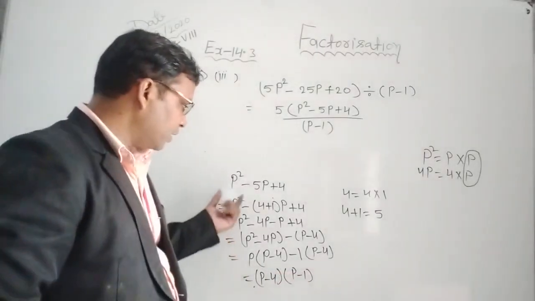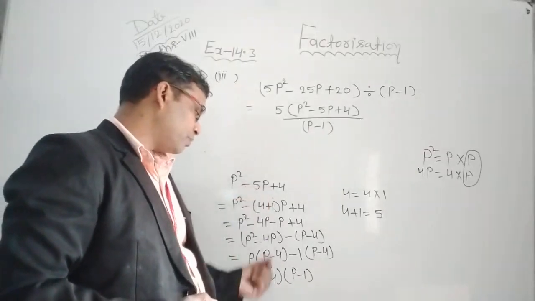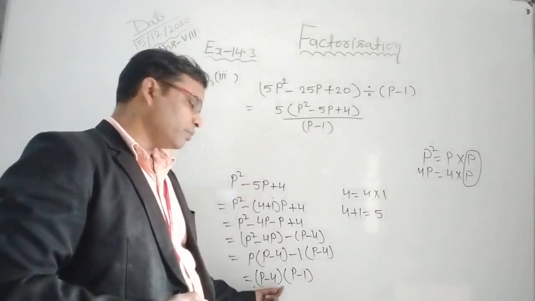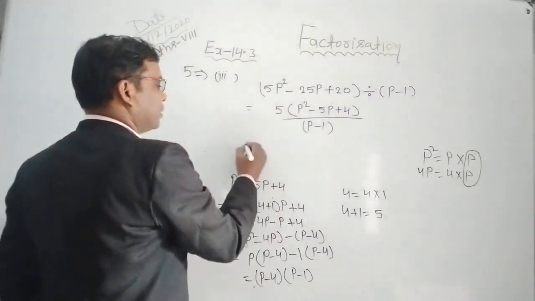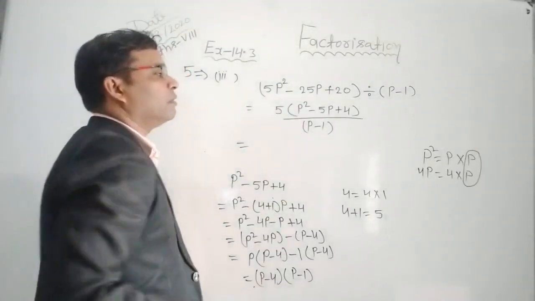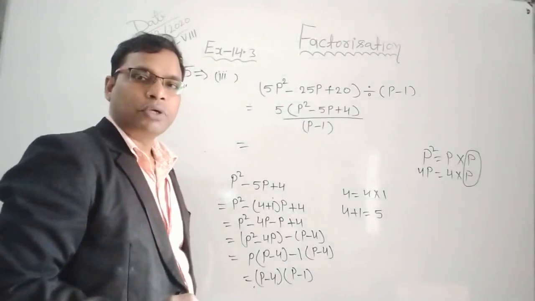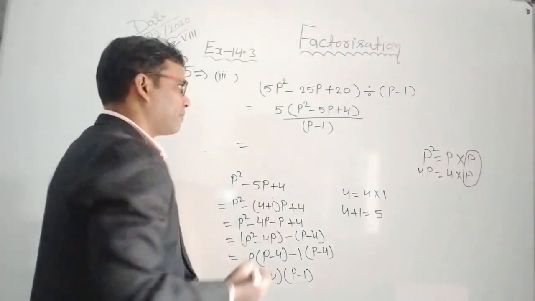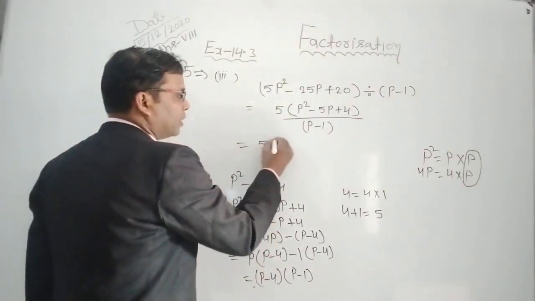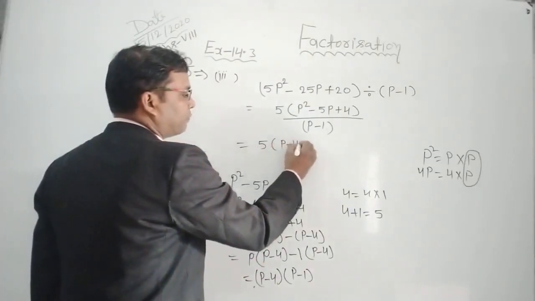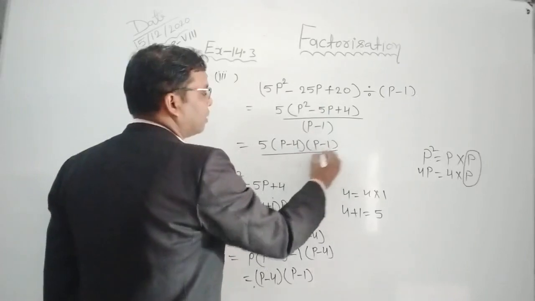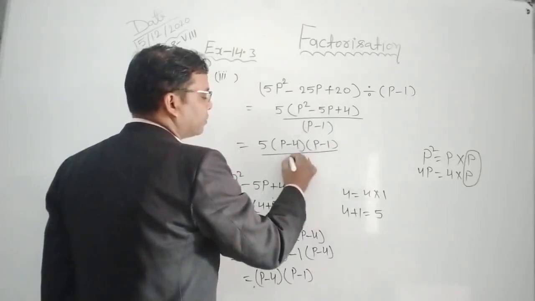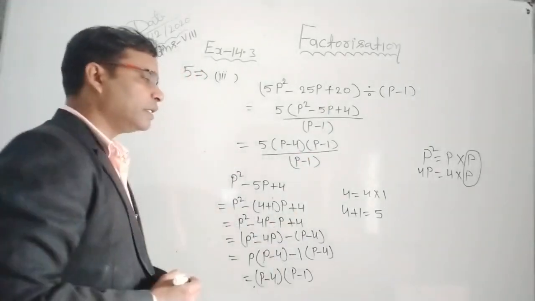So the factorization of p square minus 5p plus 4 is equal to p minus 4 into p minus 1. Now we replace this here, so we write 5 as it is into p minus 4 into p minus 1 divided by p minus 1.